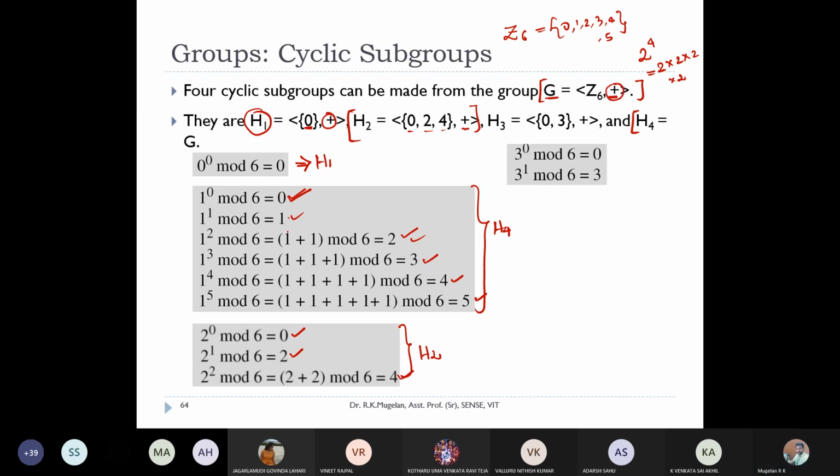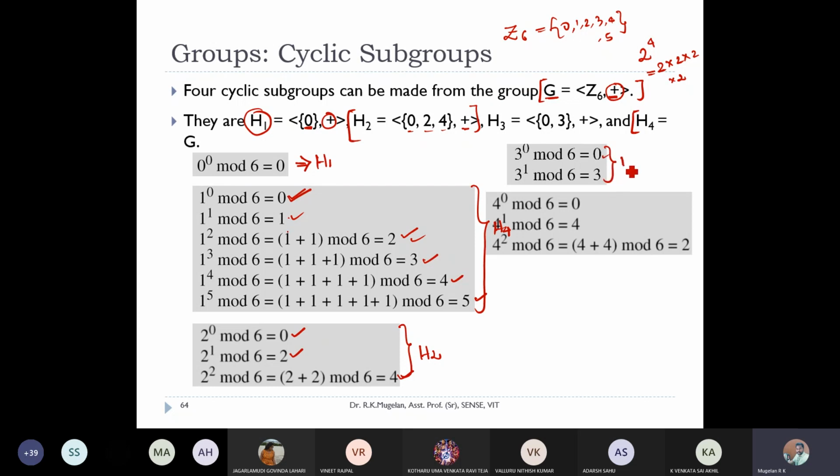Go for 3. 3 power 0 is 0, 3 power 1 is 3, and 3 power 2 gives 3 plus 3 is 6 mod 6, again 0. This is your H3, the cyclic subgroup.